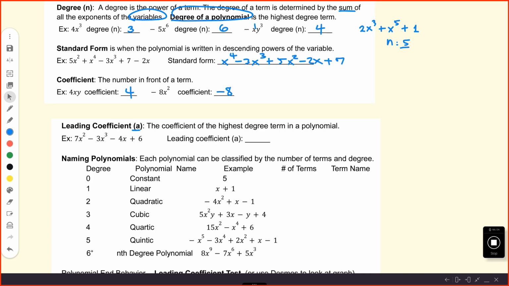The leading coefficient is just the coefficient of the highest degree term, meaning the term with the highest exponent. So if you're given 7x squared minus 3x cubed minus 4x plus 6, what is the leading coefficient? Negative 3, because the highest degree term is negative 3x cubed, and its coefficient is negative 3.